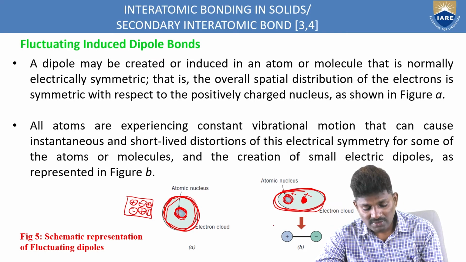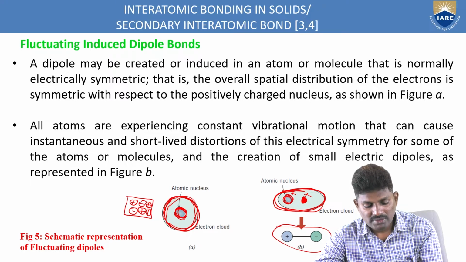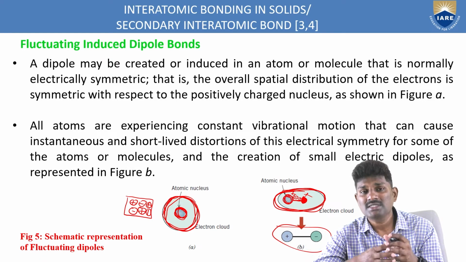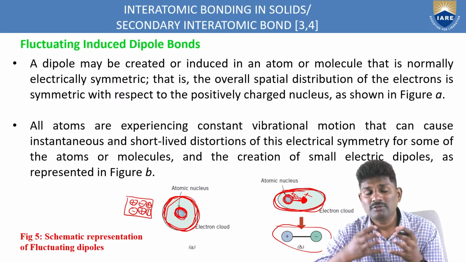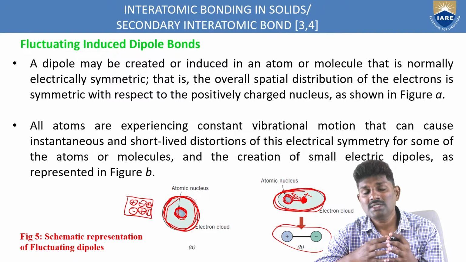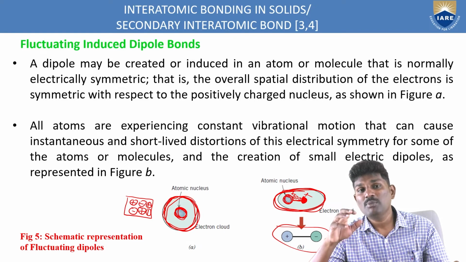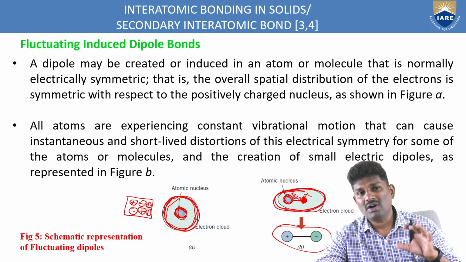Maybe this is positive and this is positive. Both positive, so again there is a repulsive force. That's why we are using these dipoles, a dipole which has a negative and a positive. Because of this, there is an attractive force, and that is the bonding energy. So this is how we add dipoles to increase the bonding energy.